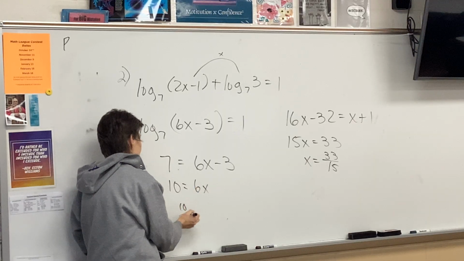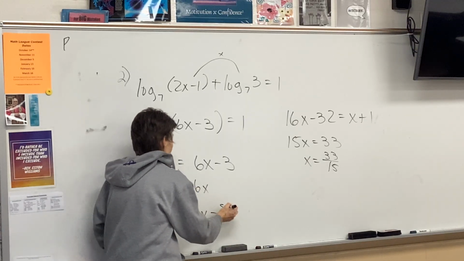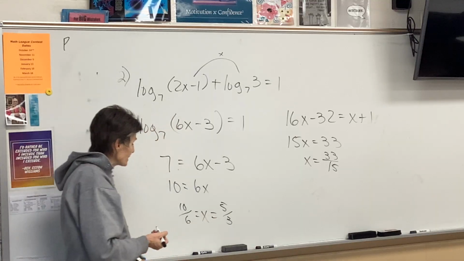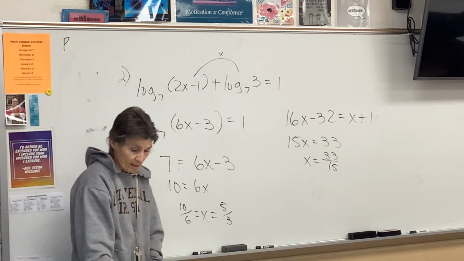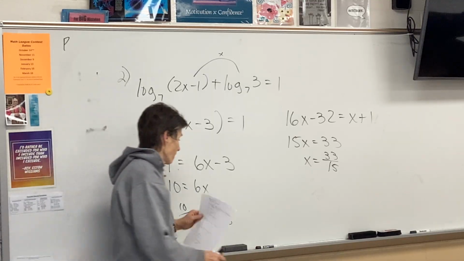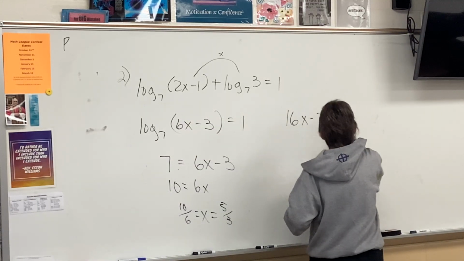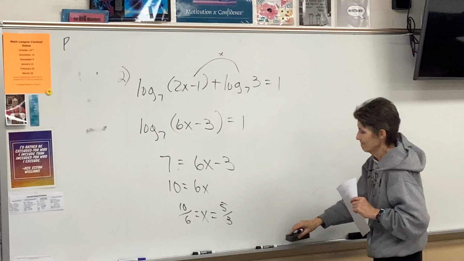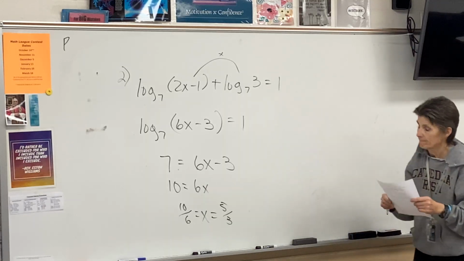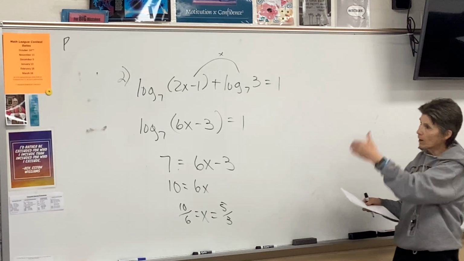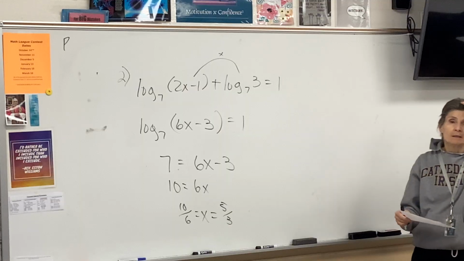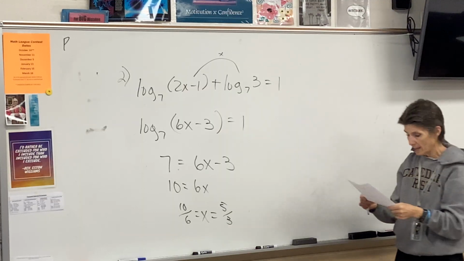Divide by 6. So it looks like my answer when I reduce it is 5/3. So we just did 3 problems, pretty much all the same. Plenty of practice there. Okay.